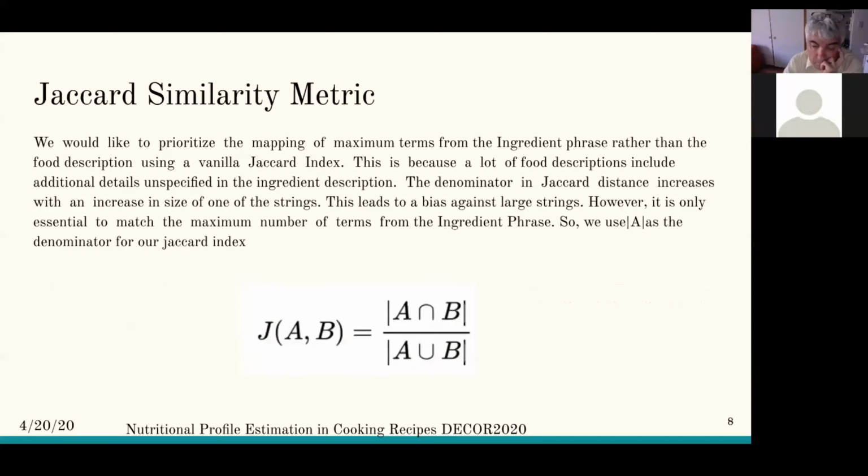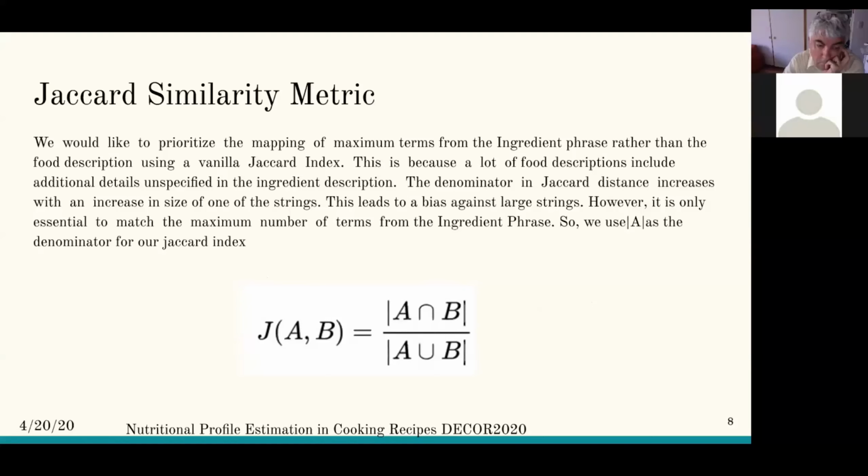So the normal vanilla Jaccard is basically the intersection of two strings, the number of words that match in two strings, upon the union of the number of words in both the strings. But this posed a problem in the sense that we wanted to prioritize the mapping of maximum terms from the ingredient phrase rather than the food description that was present in the USDA.